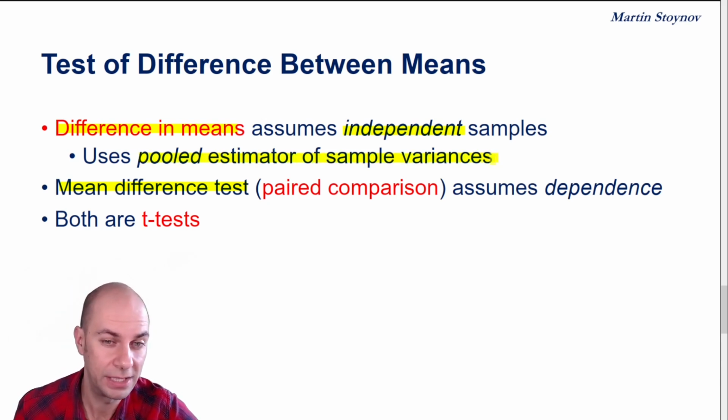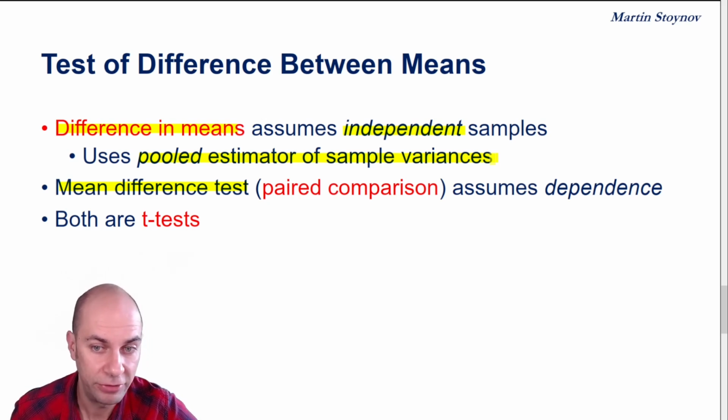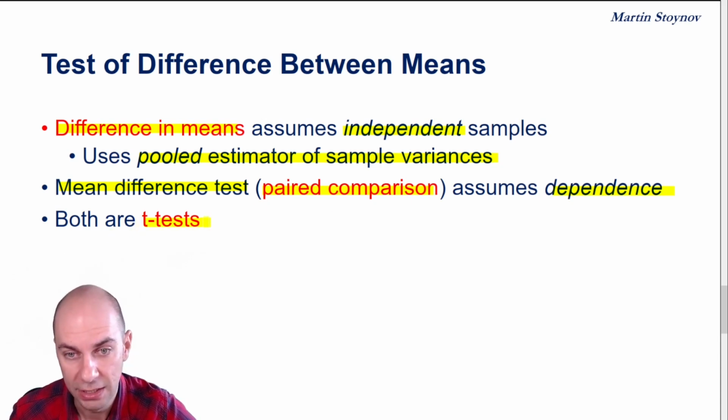Think of this as some sort of weighted average of the individual sample variances. But the key point here is that the difference in means test assumes independence, whereas the mean difference test, also known as the paired comparison test, is going to assume dependence. So the samples here are dependent, and in both cases, these tests continue to be t-tests.